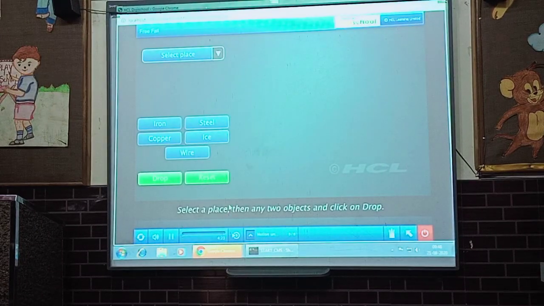Perform this simple activity and try to evaluate how Earth's gravity affects the motion of the objects under its influence.